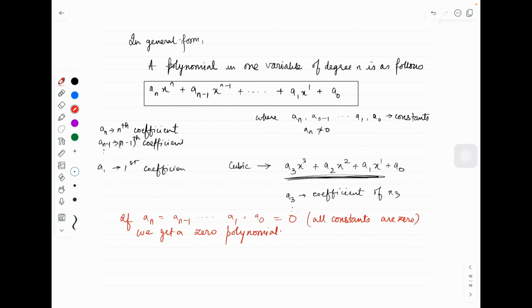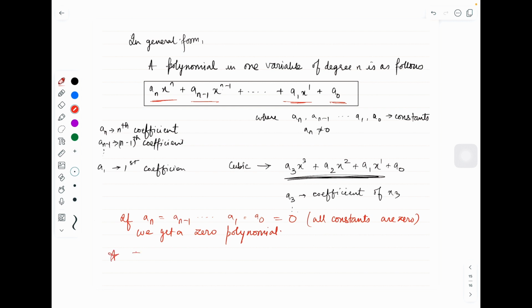If I make all the constants 0, this nth degree polynomial will give you 0. So from here also you can check that 0 is a zero polynomial.